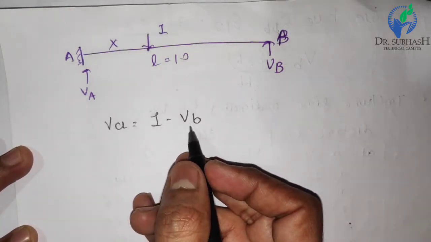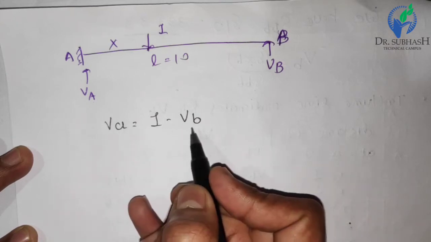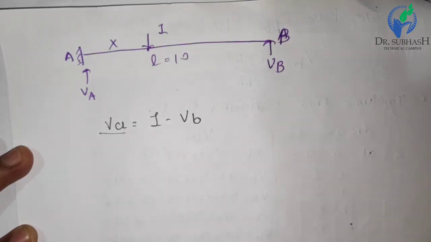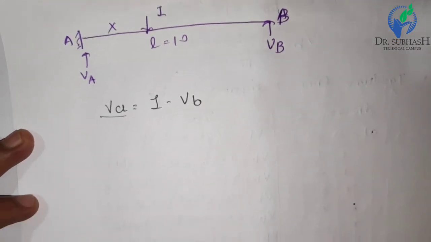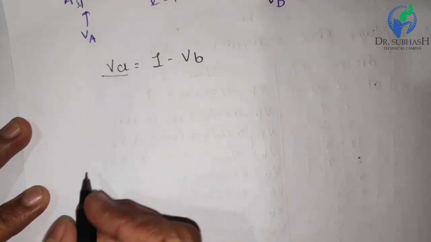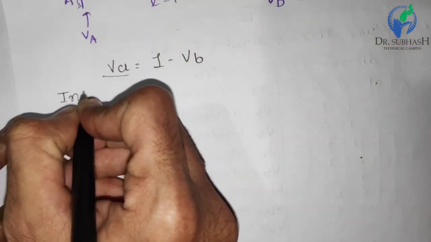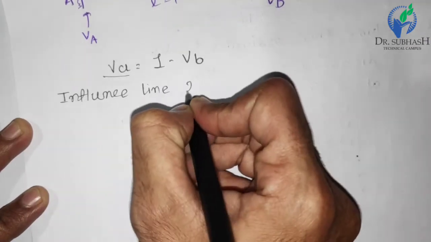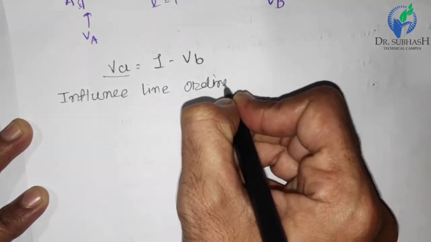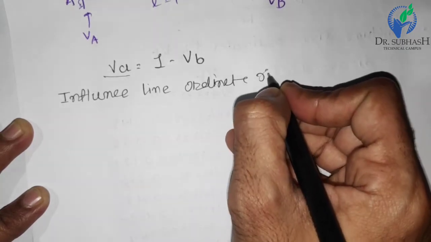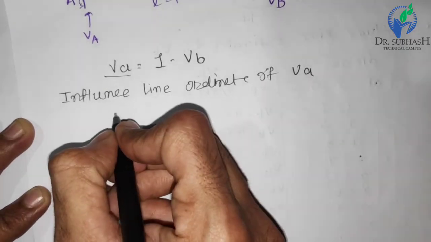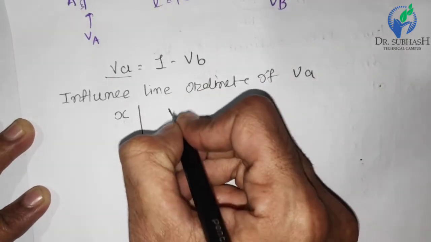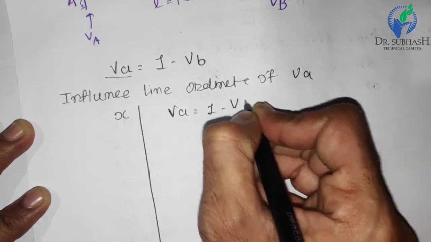We have already found the ordinates of VB, so if we deduct all those VB ordinates from 1, we get the ordinates of VA. In the same way, when finding the influence line ordinates for VA, we put the value of X as a distance, and VA is equal to 1 minus VB.